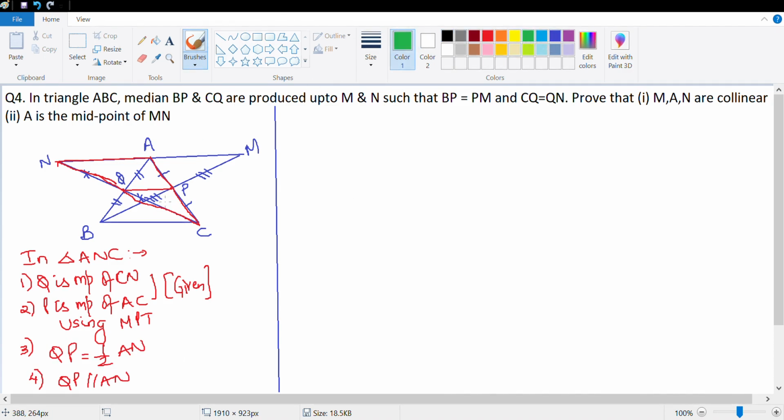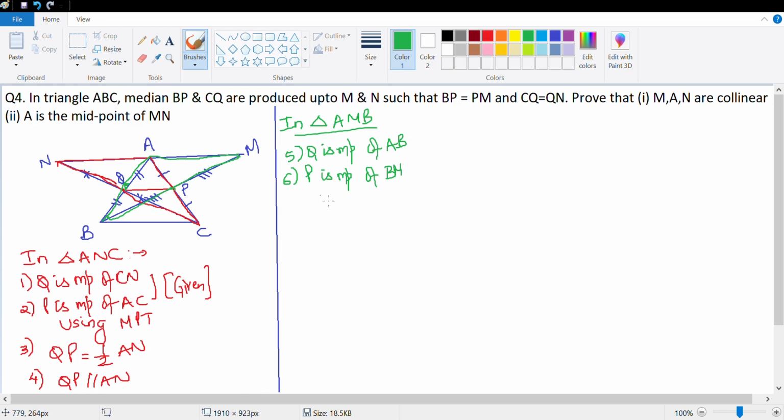Let's see if I can get another triangle where I have two midpoints. Again, this time let me look at this triangle which is AMP. Again, I have two midpoints which are Q and P. So let's see what this will give me. So in triangle AMP, what do I get? Number 5, Q is midpoint of AB, and number 6, P is midpoint of BM.